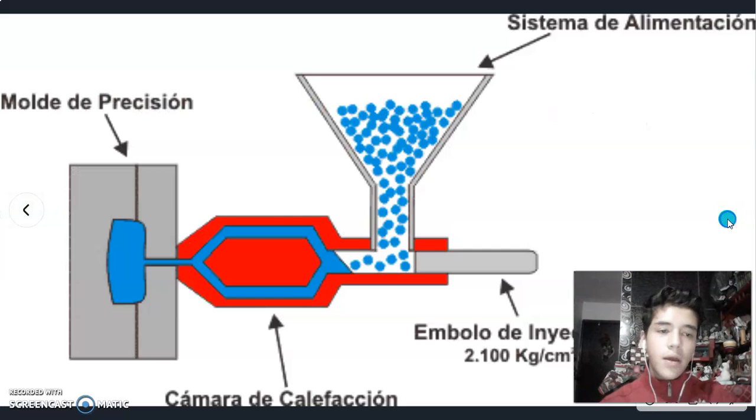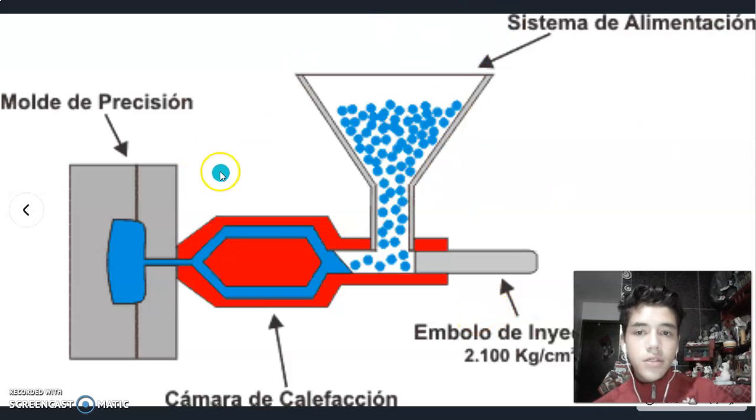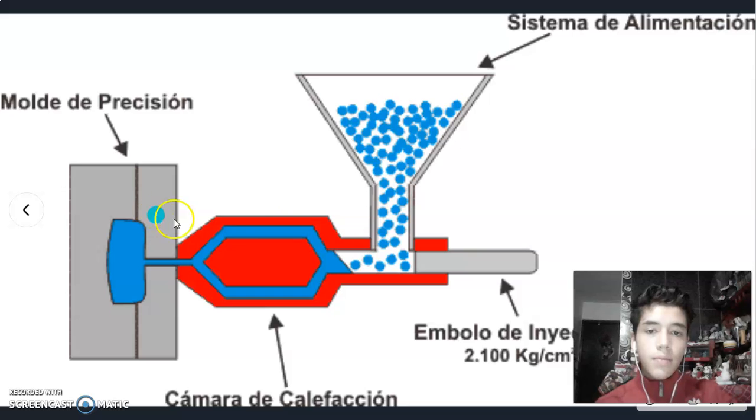That's what we have been talking about, that it has a very, very low cost, so it's quite a benefit to have a very low cost for the piece that we want. And well, that would be all for today. Here's just an image of how the fond by injection works.